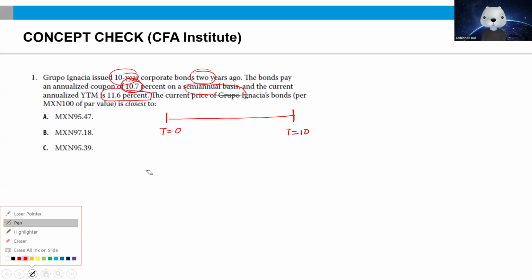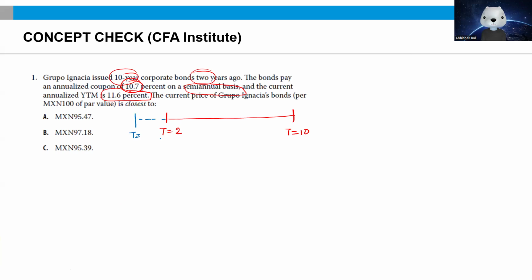This will be wrong if we say t is equal to 0. All right, so this is the whole scenario now.